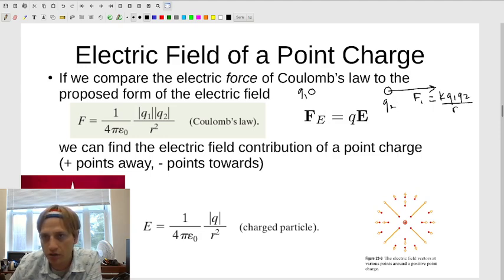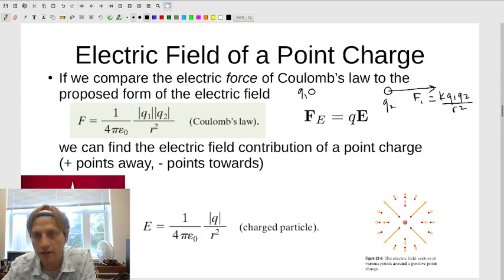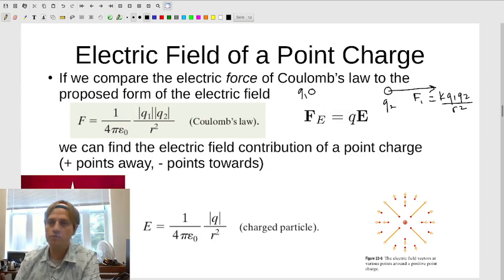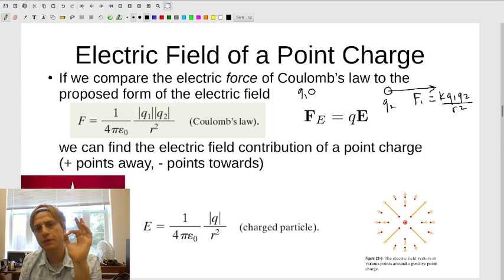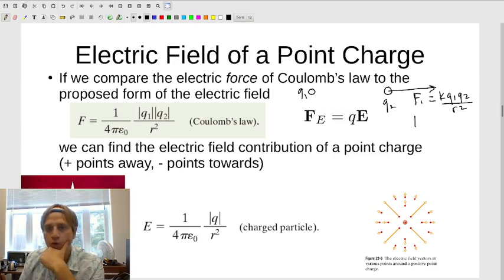Q2 over R squared. Remember, the K is just 1 over 4 pi epsilon naught, around 9 times 10 to the 9 Newton meters squared over Coulomb squared. That force, in our new way of thinking about it, is caused by the electric field that's hanging out in that region, acting on this Q. So the force from particle 1 is going to equal the Q on particle 2 times the electric field from particle 1.